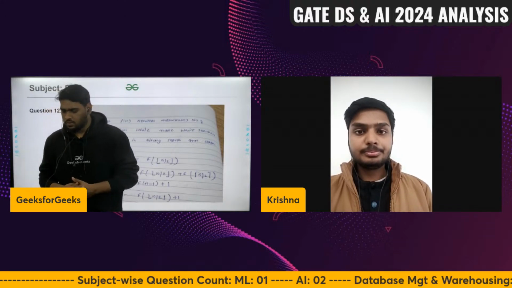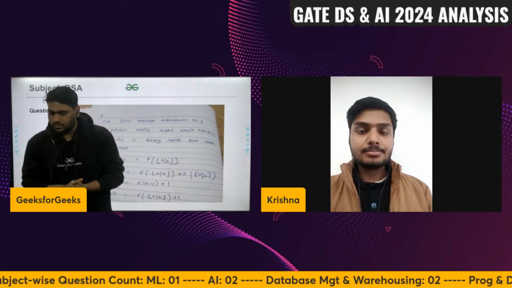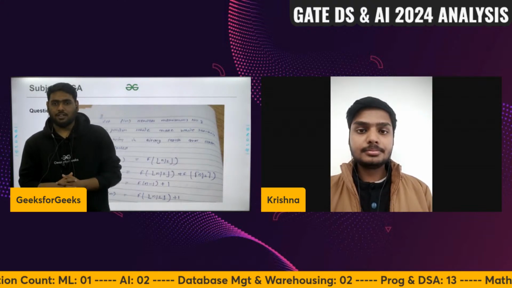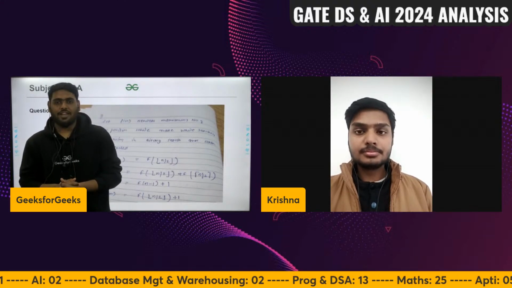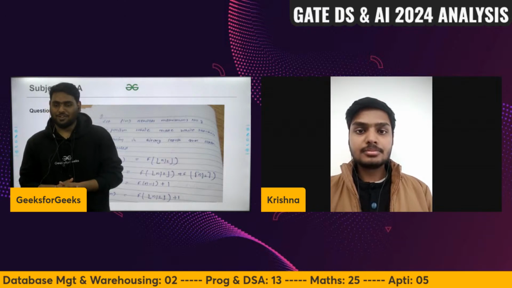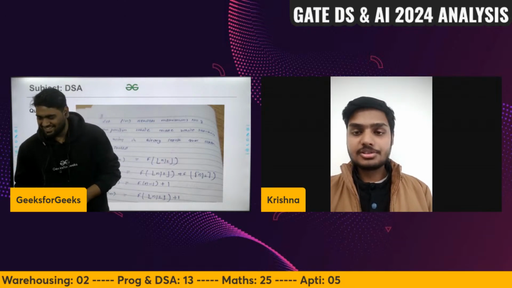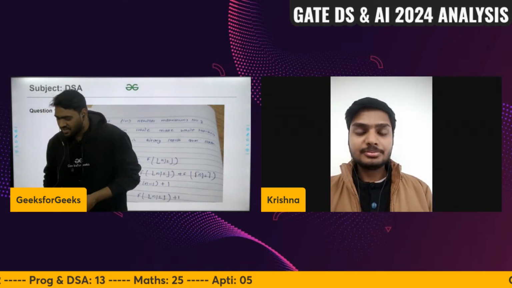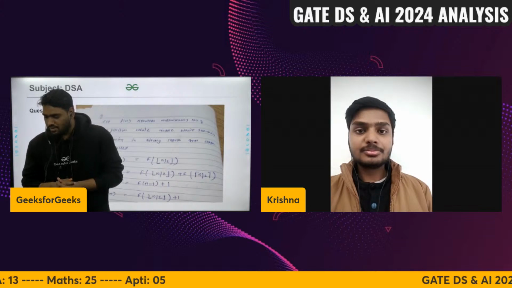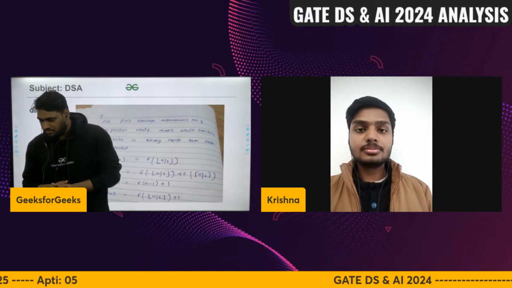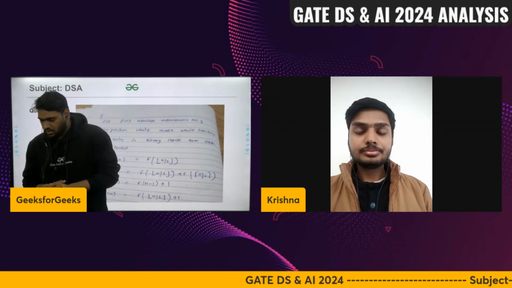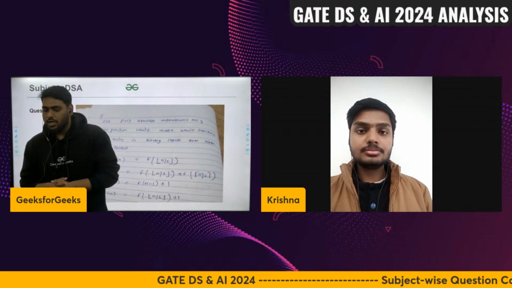Krishna, by the perfect analysis that you're providing, I can already say that the paper went well for you, is it? Yes, sir. Okay. We do have inputs from more people as well. Again, Krishna is here.